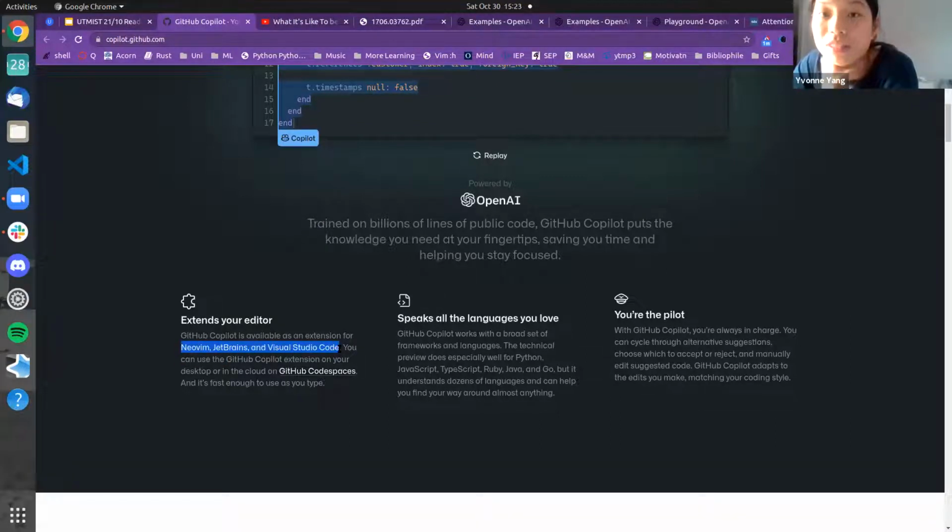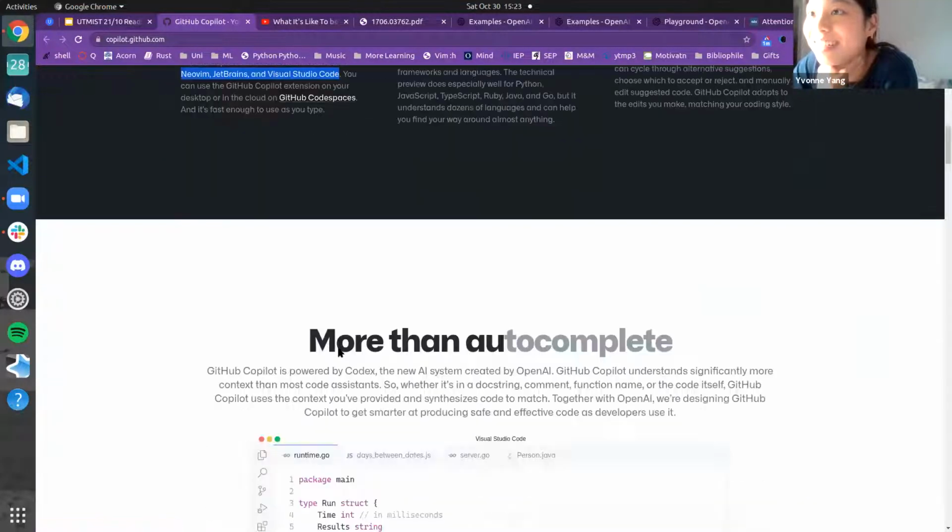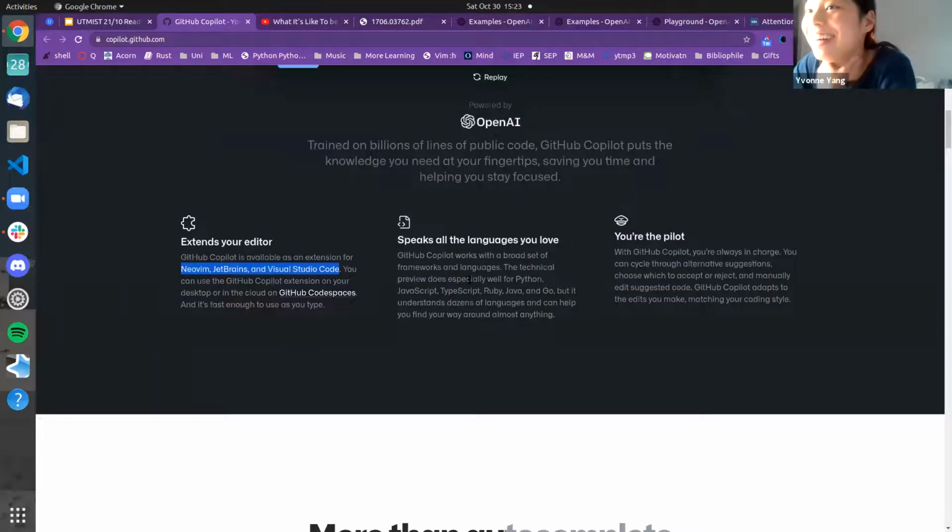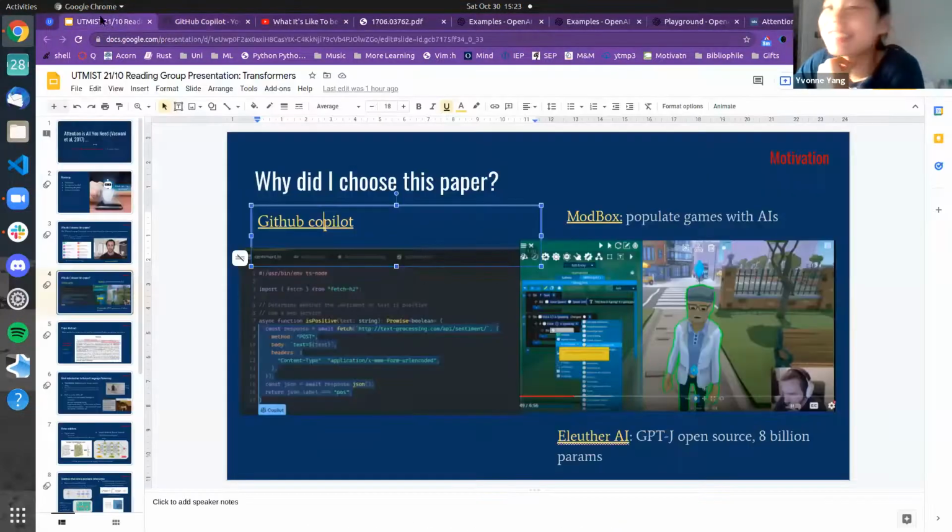So you can get it on VS Code. That would be pretty cool. And they just have to reiterate that you are the pilot. With GitHub Copilot, you are always in charge. Really? I don't know. I mean, it could really go both ways. There's a lot of beautiful things that you can do with it.